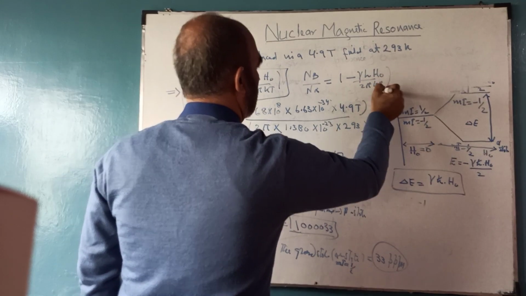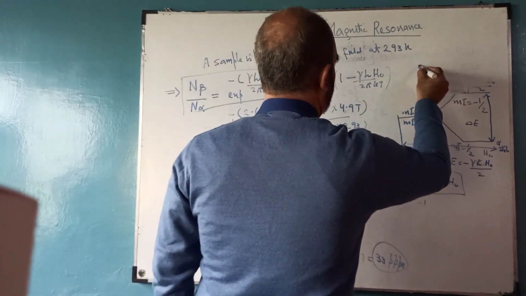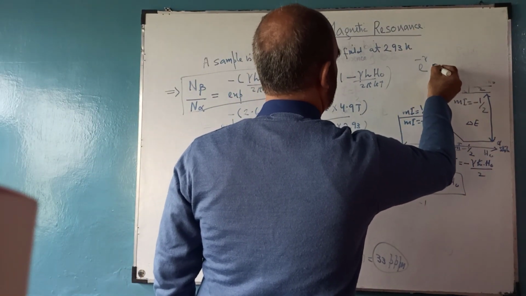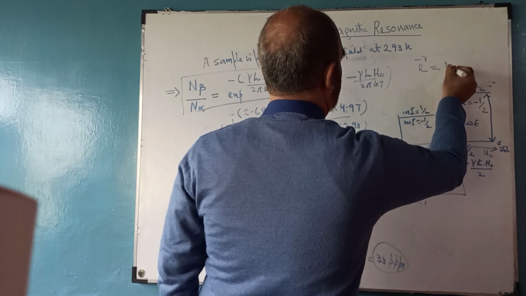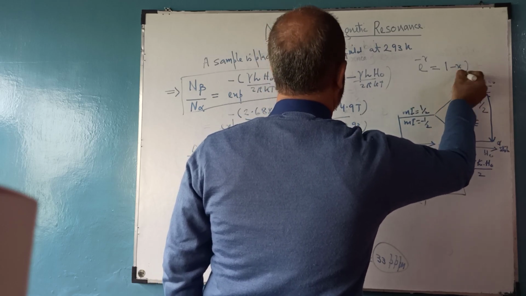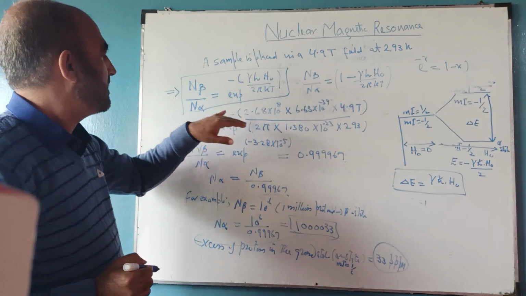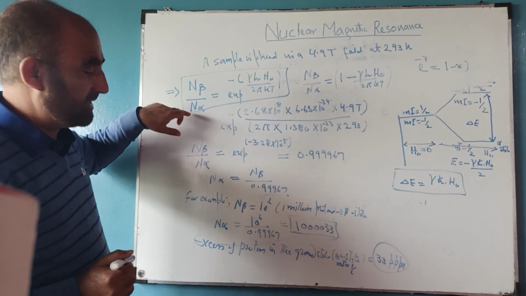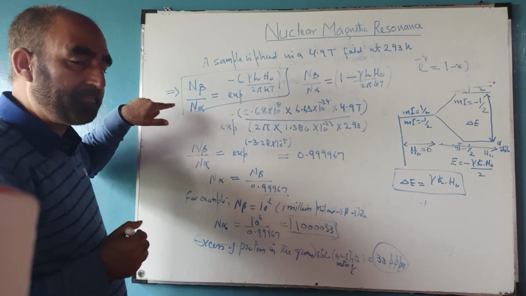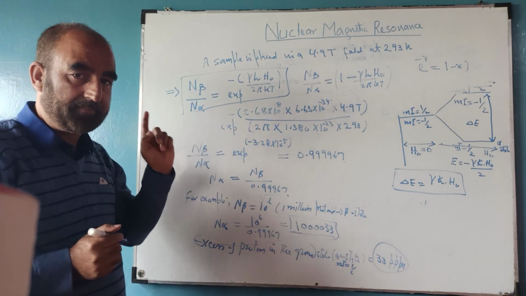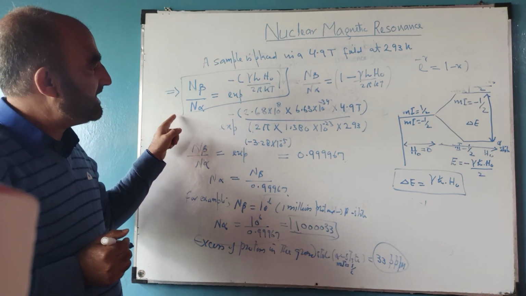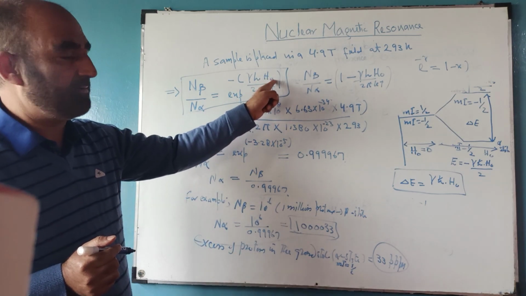We can invoke the Maclaurin series. For example, e raised to the power minus x is equal to 1 minus x. So we can see here that the excess number of particles in the ground state, the excess number of particles in the alpha state, is linearly related to the magnetic field.